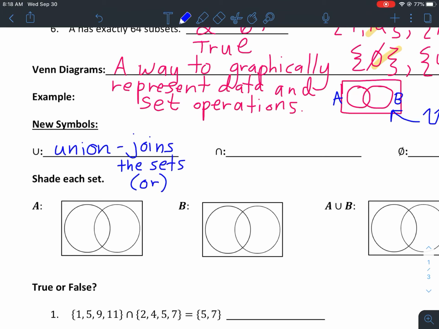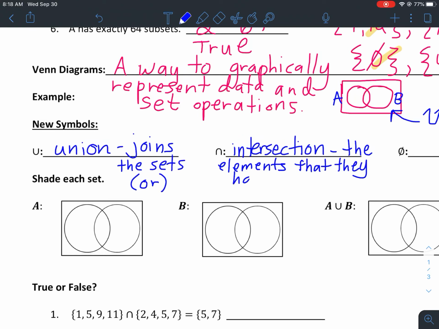The upside down U means intersection. And intersection means the elements that they have in common. Also represented by the word and.